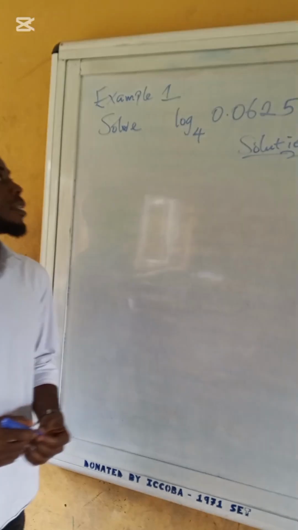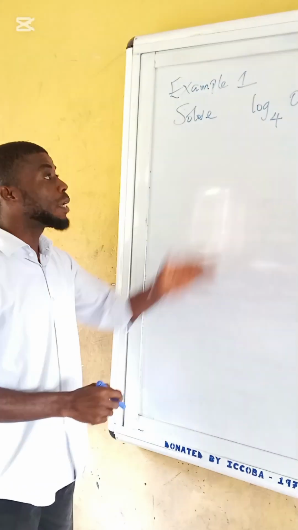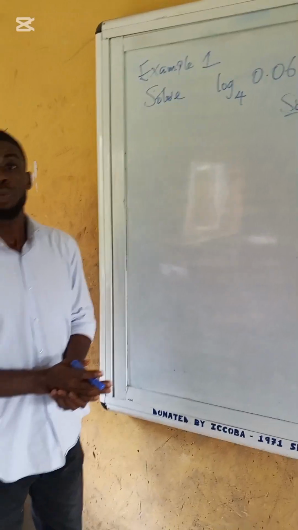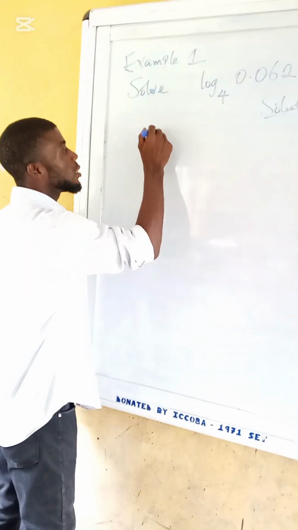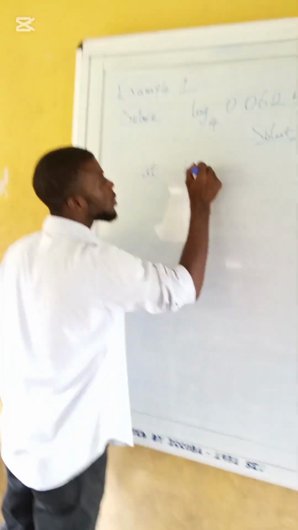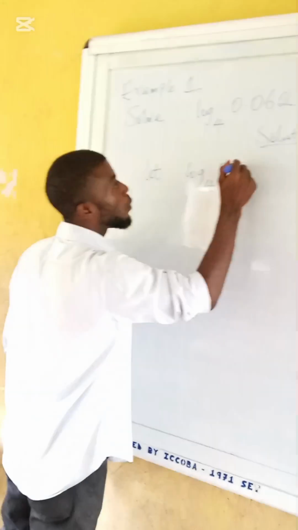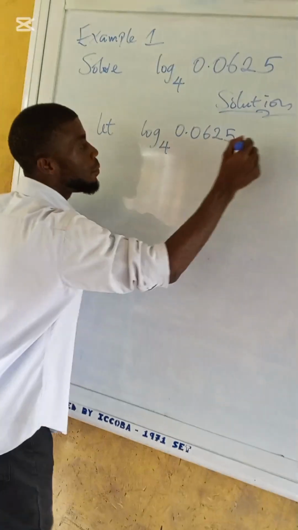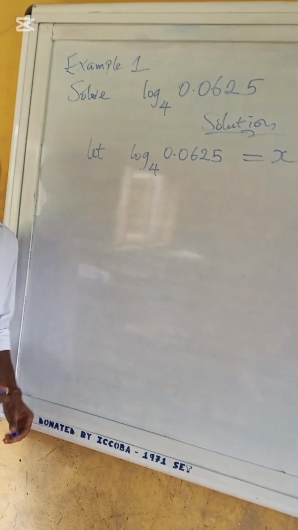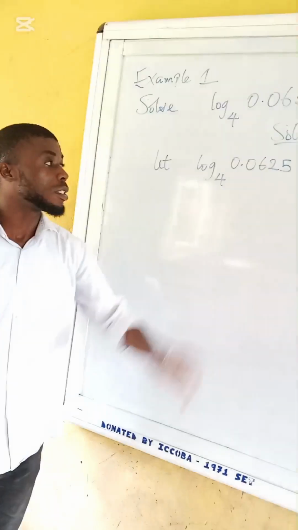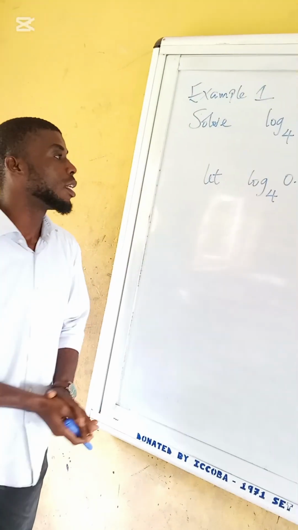Now, join me step by step. The first thing I will do is to make this logarithm expression an equation by simply saying, let log base 4 of 0.0625 be equal to x. Let log base 4 of 0.0625 be equal to what? X.